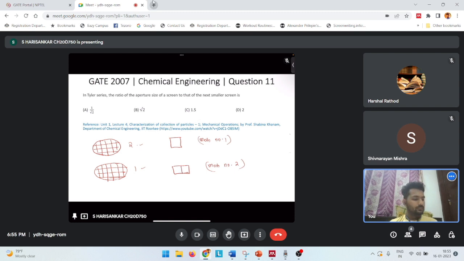Now let us say this has an area A1, which is the larger mesh here of mesh number 1. And the bottom one, let us say each of these openings has an area A2. Now Taylor series says that A1 is basically equal to 2 into A2.